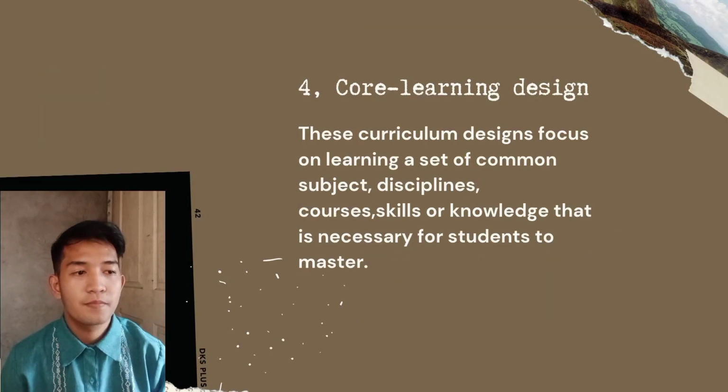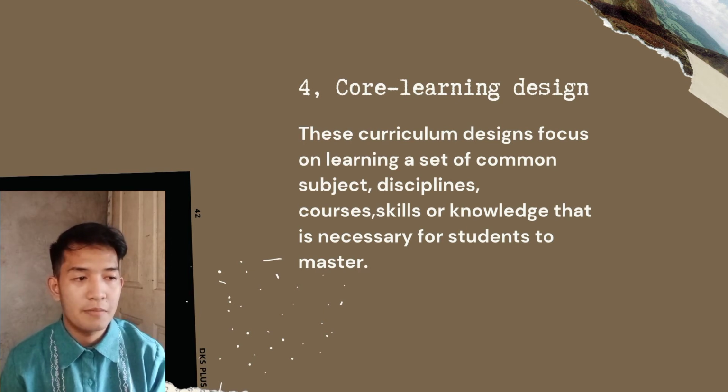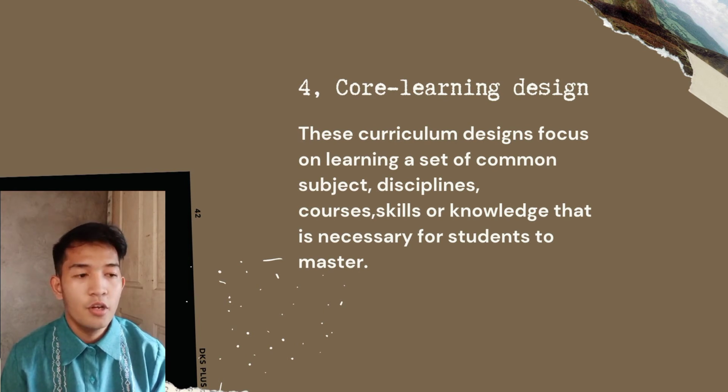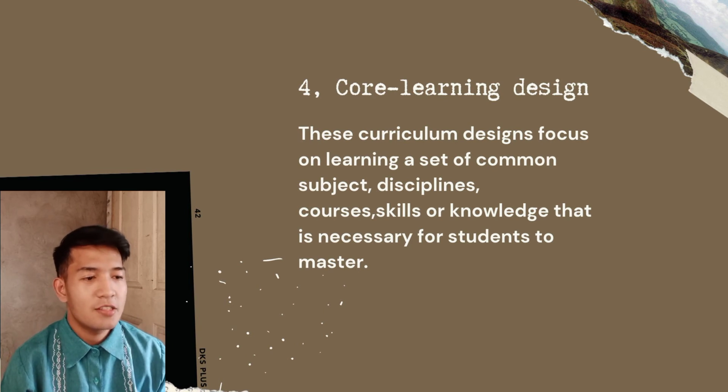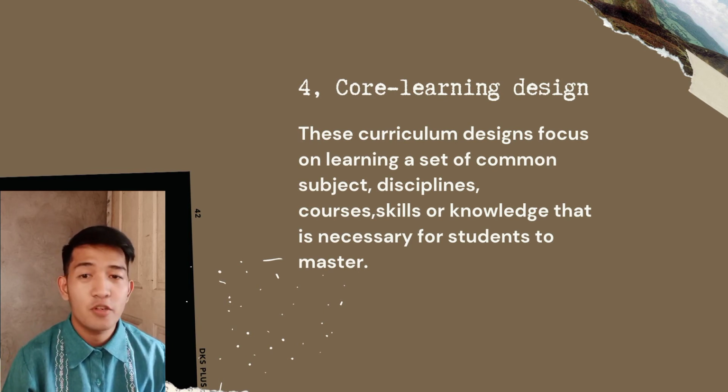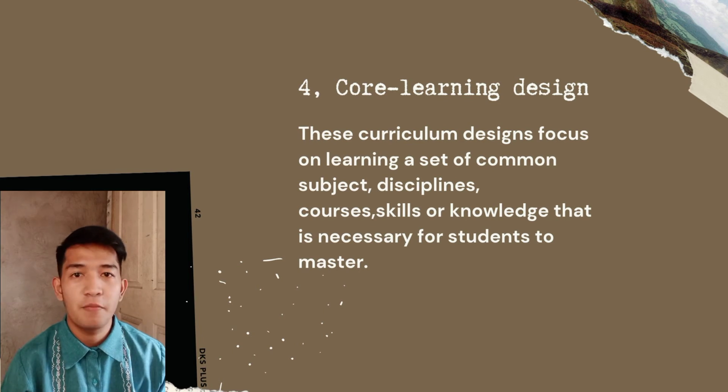Number 4, core learning design. This curriculum design focuses on learning a set of common subjects, disciplines, courses, skills, or knowledge that is necessary for students to master. The aim of this design is to provide a uniform type of education based on a certain philosophy or educational theory.